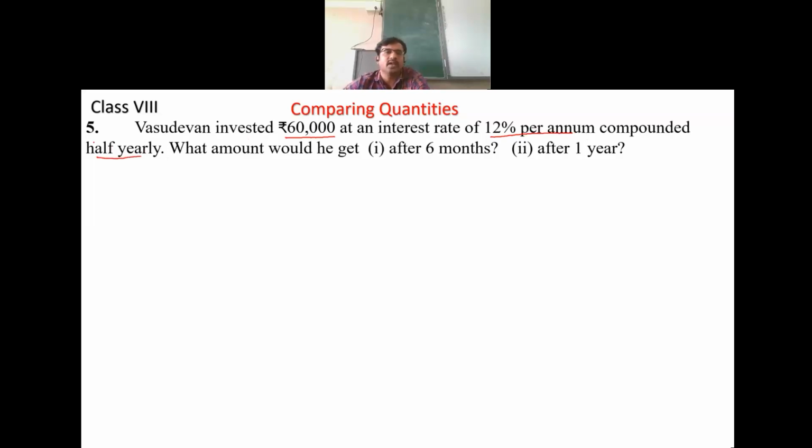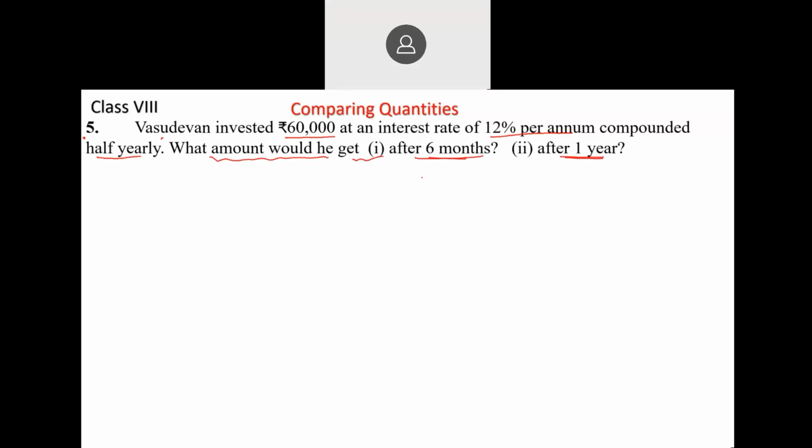Here it is very important to note that the half yearly rate of interest and the number of years will change. What would be the amount he gets after 6 months and after 1 year? For 6 months it should be considered as 1/2 year. For 1 year you should consider it as 2/2 years.